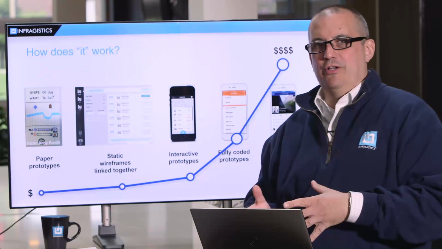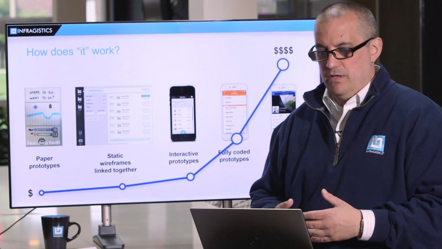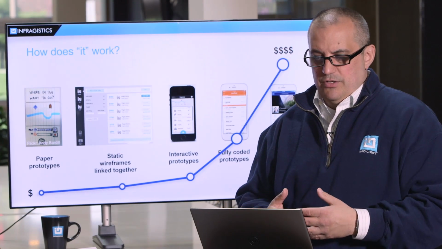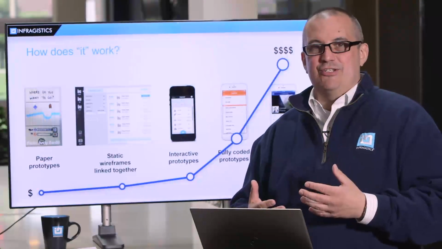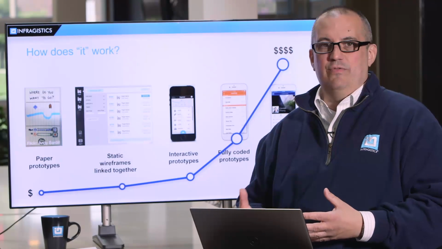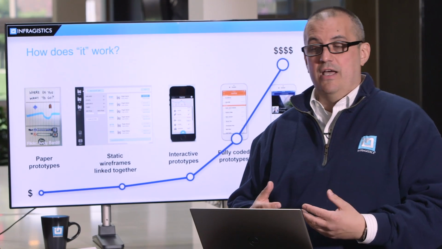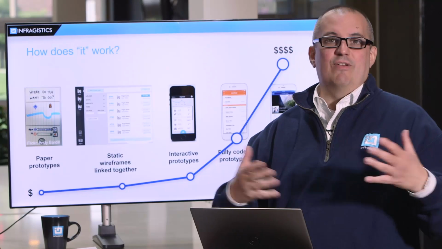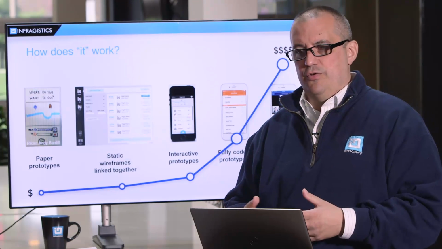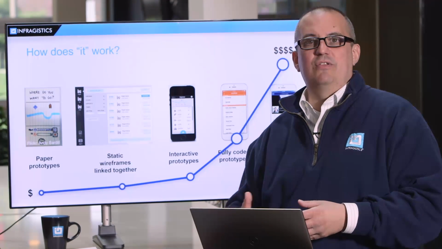So before I jump into Indigo Studio, I want to talk a little bit about usability testing. The issue with most applications today is they get built without the user feedback or the stakeholder feedback, which is why we designed and created Indigo Studio. Indigo Studio, as you know, is a UX prototyping tool.